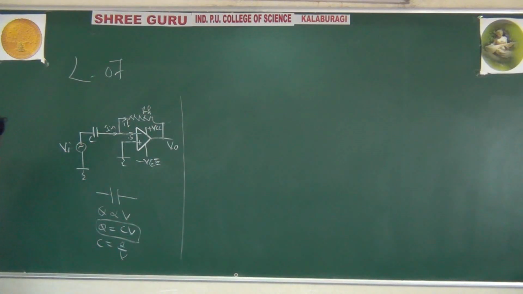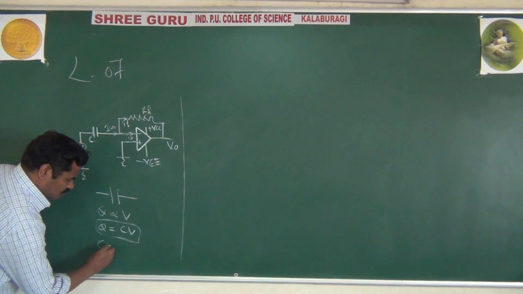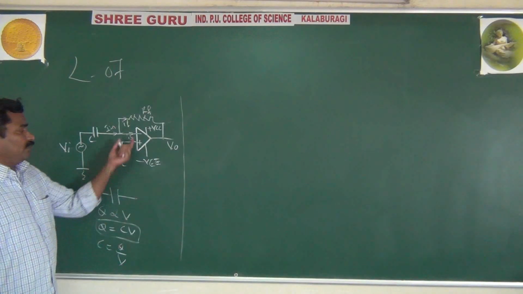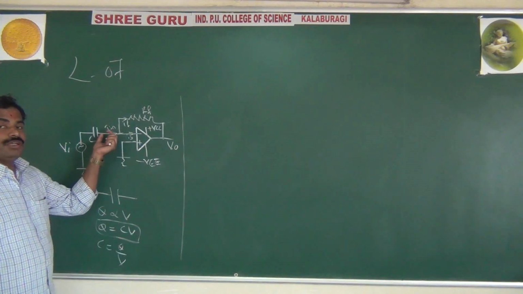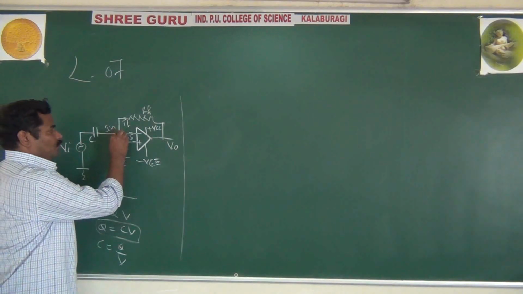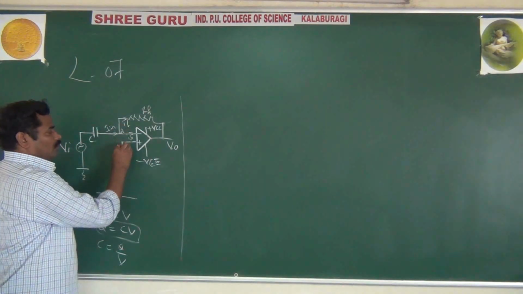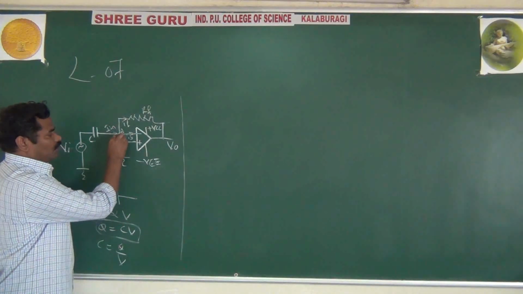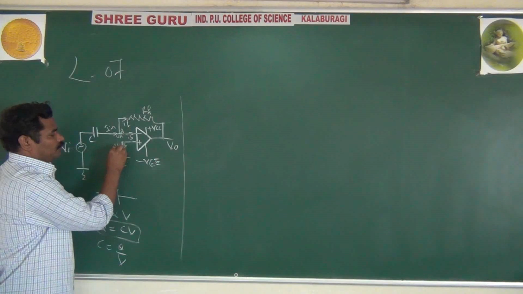Now, as usual, apply KCL at the input side, at this node A and this node B, with voltages VA and VB.